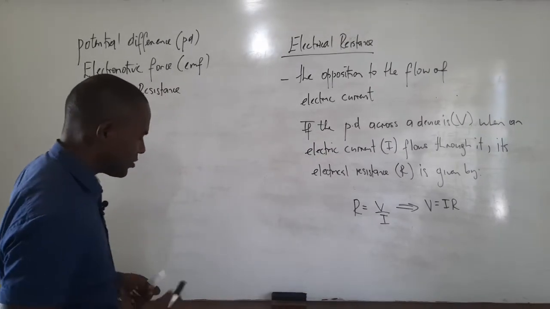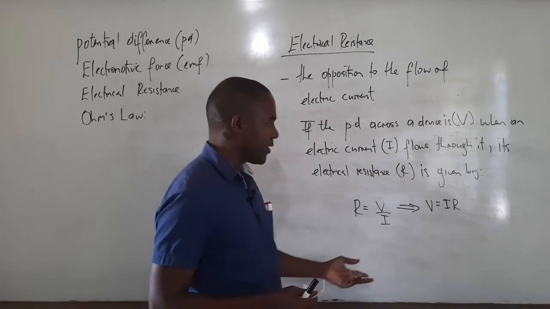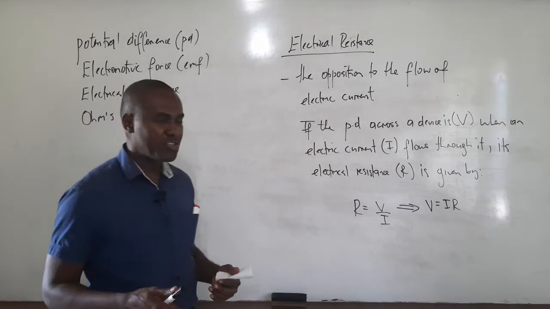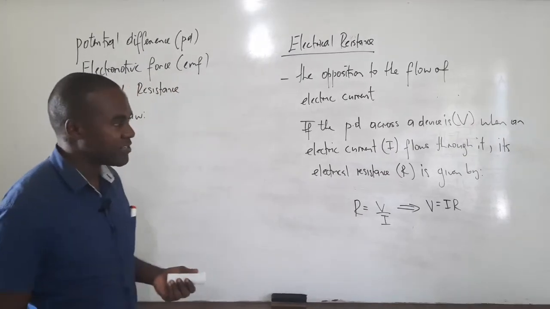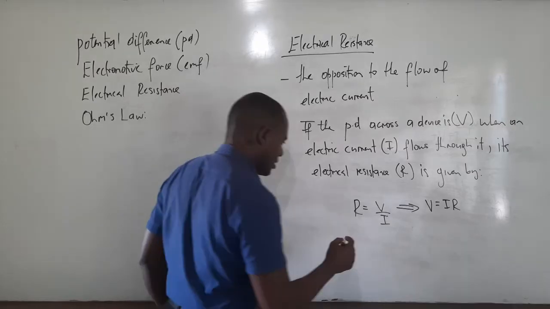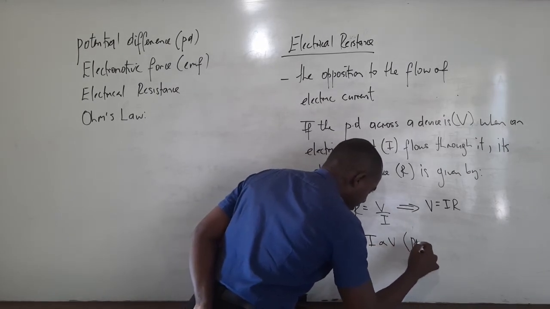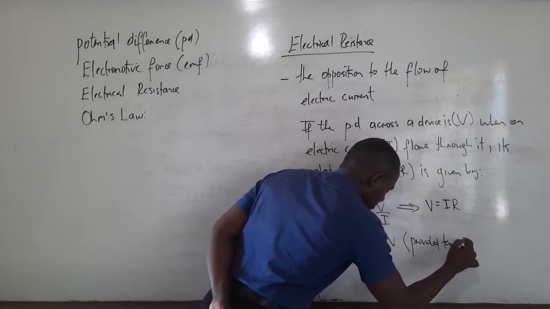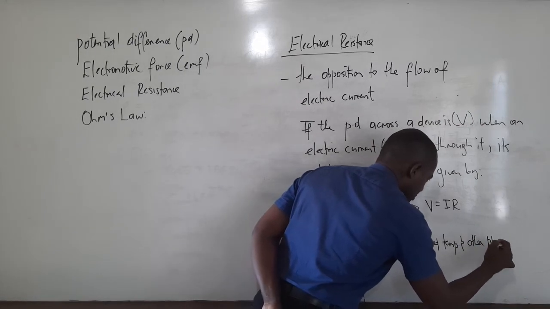And to jog your memory a bit, according to Ohm's law, the electrical current through a metallic conductor is directly proportional to the potential difference across it, provided that temperature and other physical conditions remain constant. So I is proportional to V, provided temperature and other physical conditions remain constant.